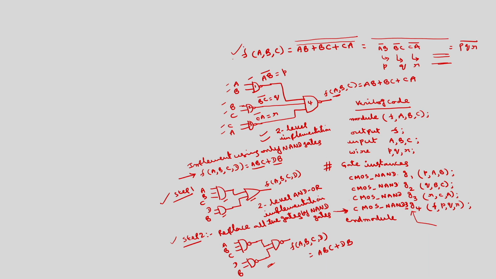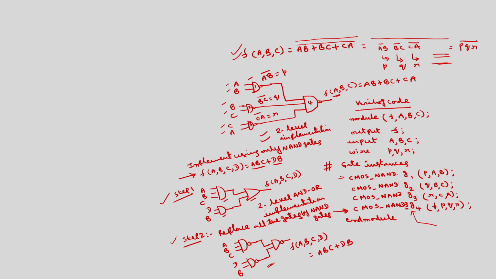So, given the same function, okay, how to implement using only 2 input NAND gates? So, I have 2 input NAND gate Verilog code which is CMOS underscore NAND. Okay. So, for that also there is a procedure.